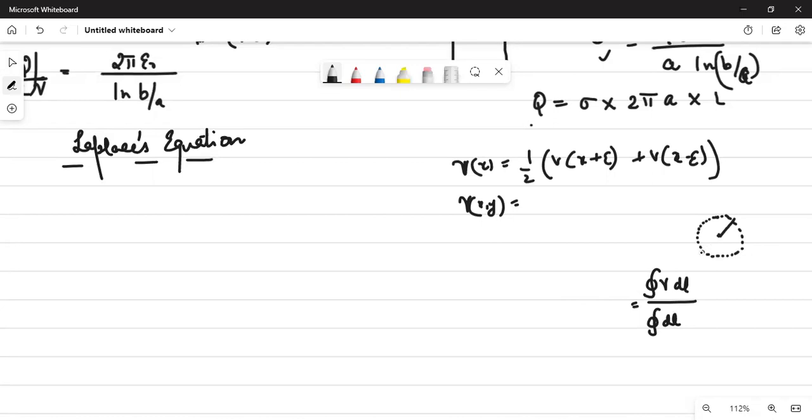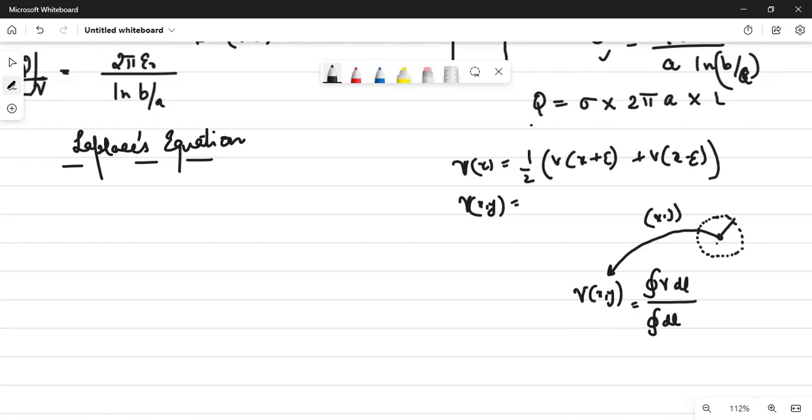This is how we are going to find the average value of the potential, and this average value is equal to V(x,y). If I want to write the potential at a point x comma y, all I have to do is find the average value of the potential over the circumference divided by the circumference. I will be able to find the potential at a point.